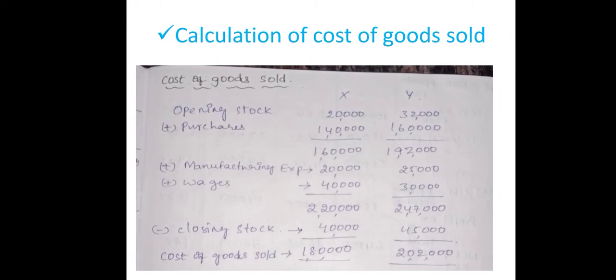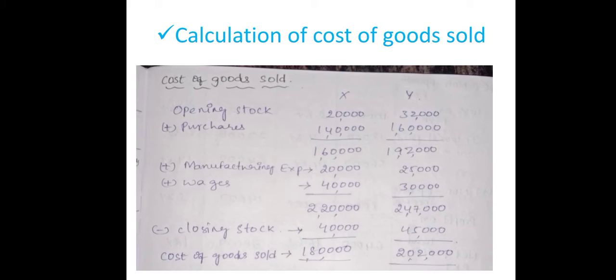So this is the calculation of cost of goods sold. How we will calculate it is as follows: opening stock. X company is given 20,000, Y company 32,000, plus purchases.